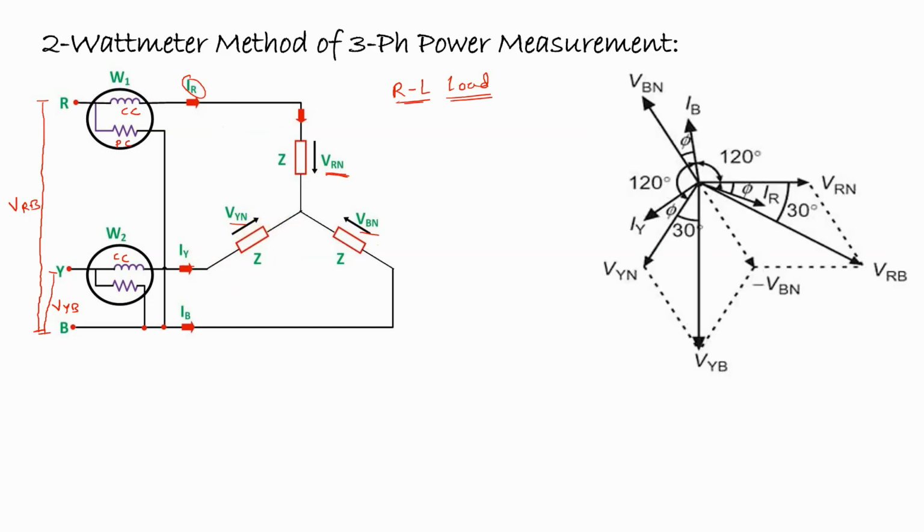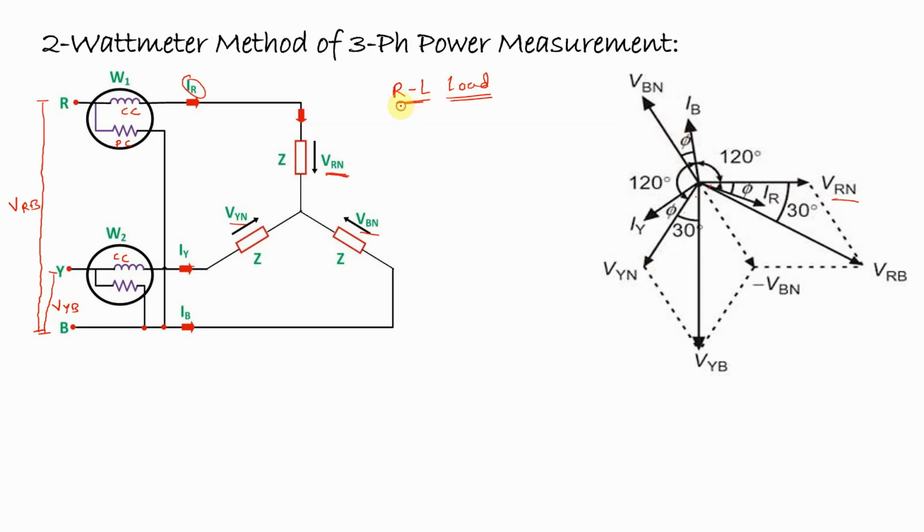So the phasor diagram is shown here. VRN, VYN and VBN are the phase voltages, and for a balanced system there will be a 120-degree phase difference between the phase voltages. So here it is VRN, then VYN is lagging the first voltage by 120 degrees, and similarly VBN is lagging the second voltage by 120 degrees.